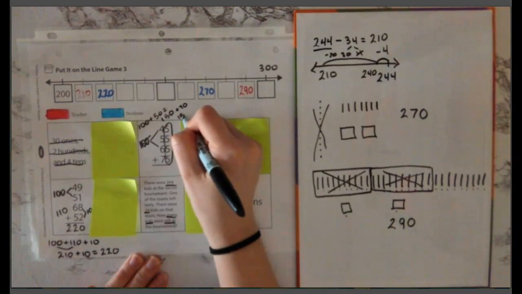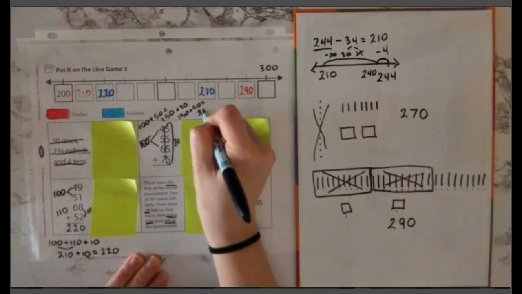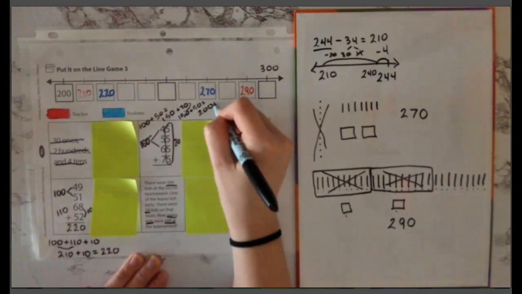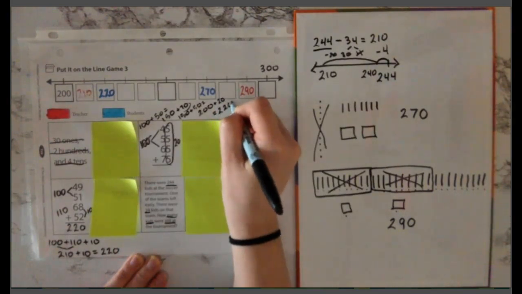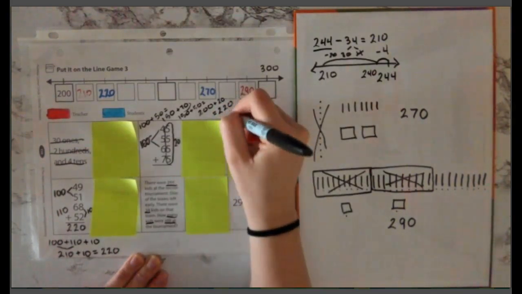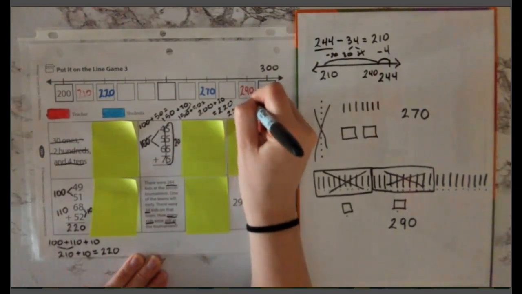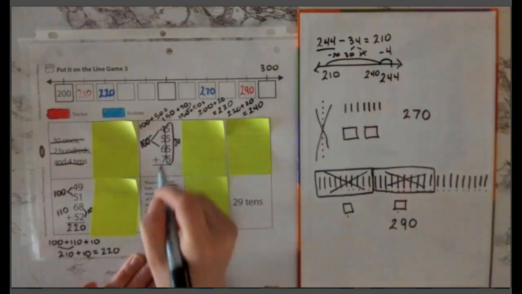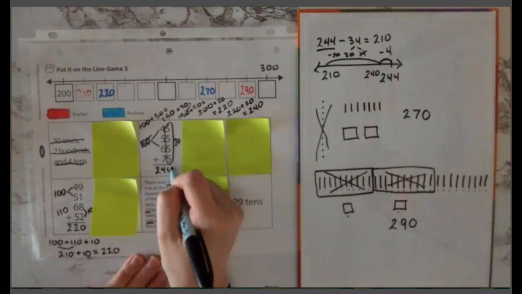So I have 150 plus 50 equals 200. But I still have 20 in my 70. So 200 plus 20 equals 220. And then 20 more. So 220 plus 20 equals 240. So all of these numbers added together is really 240.